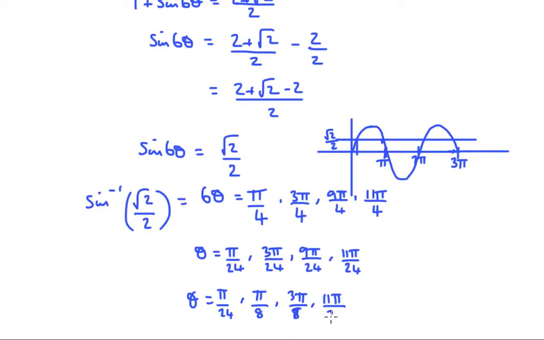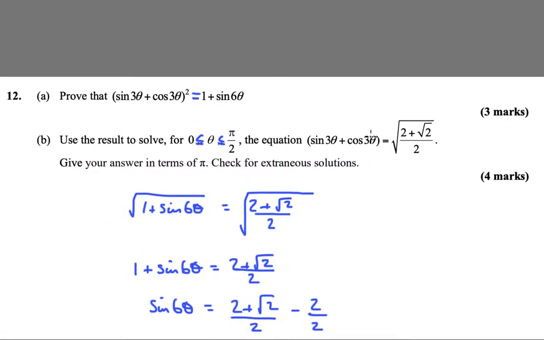11 pi over 24. So the last thing we need to check is if all of these values are valid. And earlier I said I don't know why they did this rather than what we've got here. We need to check that this is still valid for the question that they've given us. So the last thing to do is check that when we substitute the values that we've got in, that we do actually get the positive square root of 2 plus root 2 over 2.